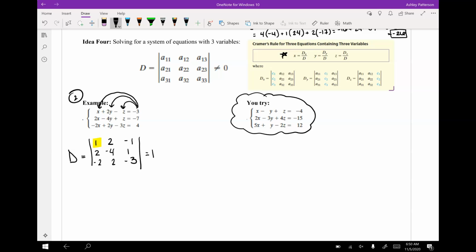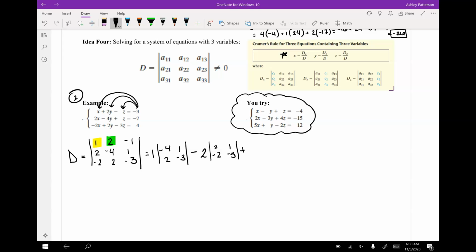Okay, so 1 is the first number in the top corner, which means these 4 create our 2 by 2 minor matrix. I'm just going to write it out before I start to calculate. And then we have -2 goes on the outside with this row, or column, sorry, and this column. So let's write it out so we have something to refer back to. 2, -2, 1, -3.